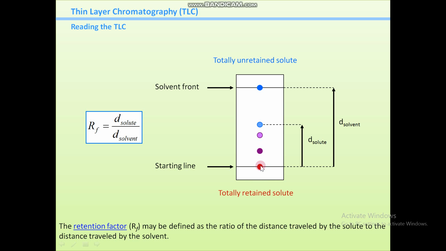Different components present in the sample mixture all travel at different rates, because of differences in solubility and affinity towards the stationary phase. Due to this difference in the movement rate, different bands are obtained.